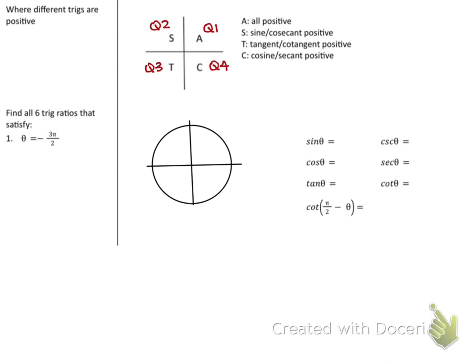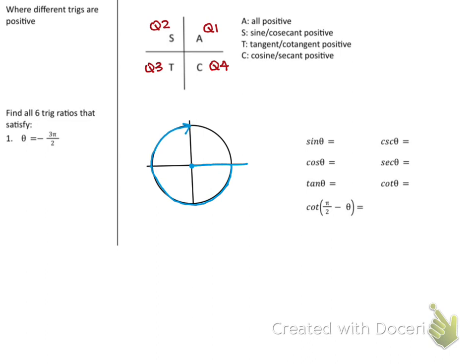Okay, so what I want to do is start on the initial side for all of my angles. It looks like I'm going negative, so I'm going to go down, and then I need to go 3 pi over 2. If I go all the way over here, that's 1 pi. If I keep going, I'm going to land at negative 3 pi over 2 here.